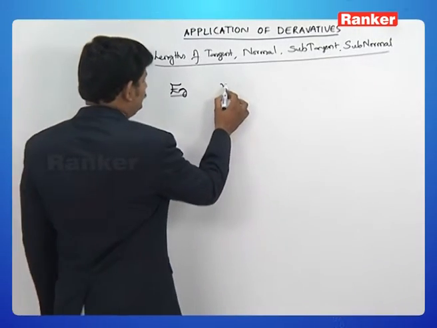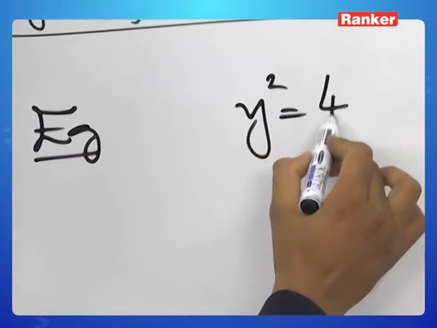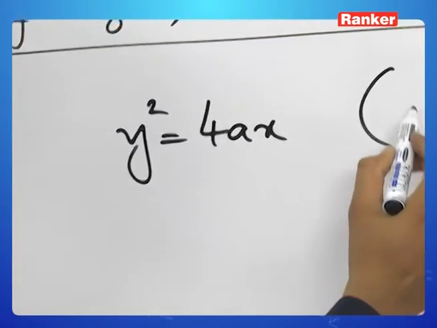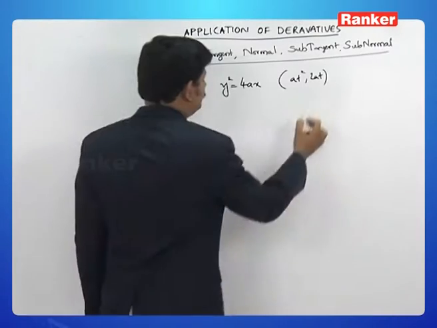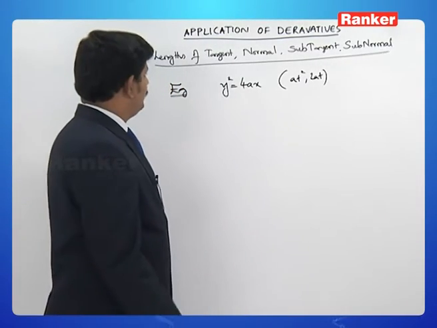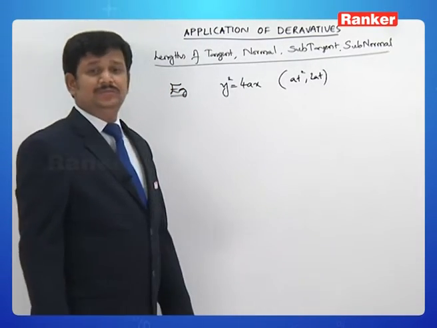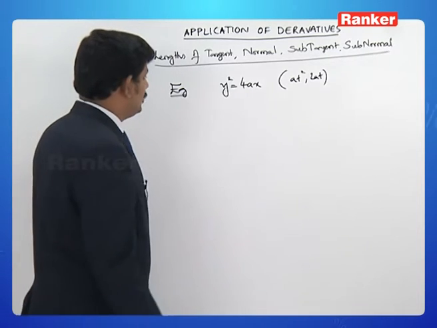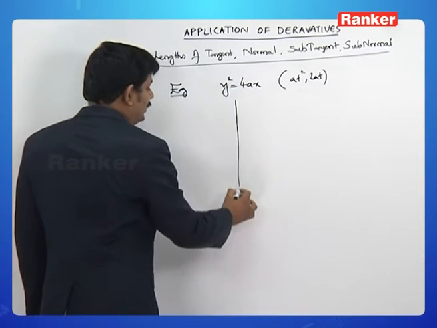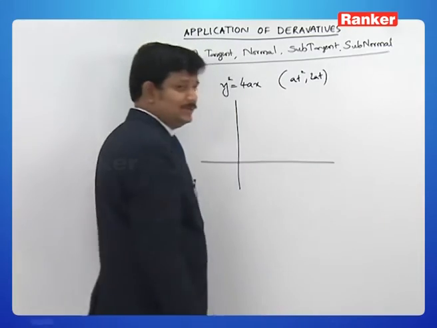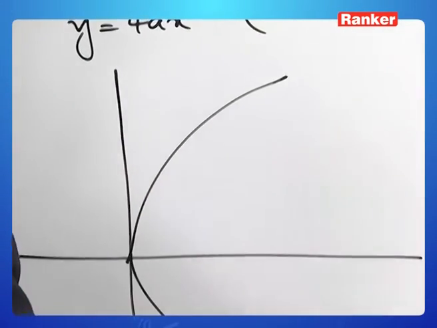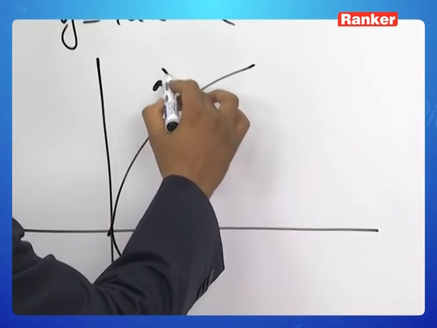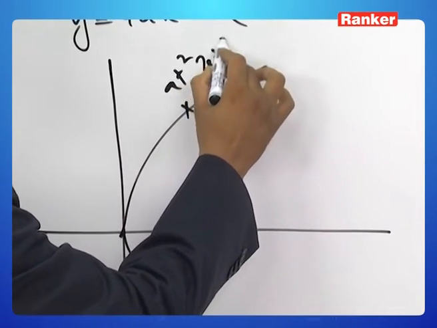To the curve y square is equal to 4ax at the point at square comma 2at, find the length of the normal, length of the tangent, length of the subtangent, and length of the subnormal. So let us find these for the curve y square is equal to 4ax at the point at square comma 2at.